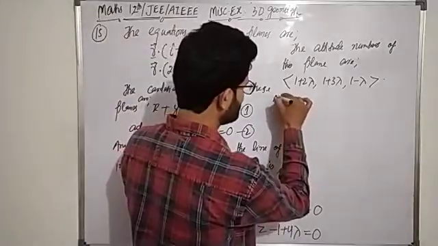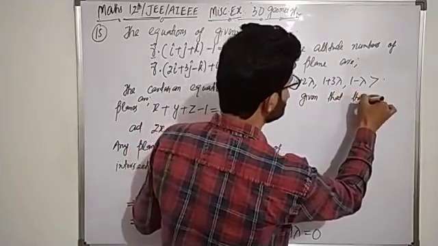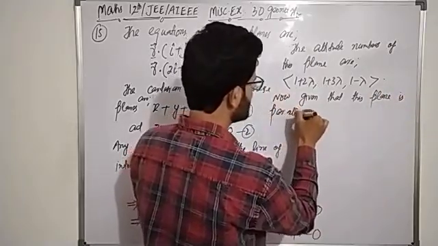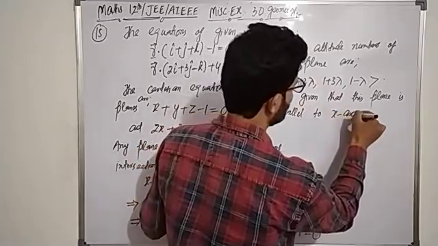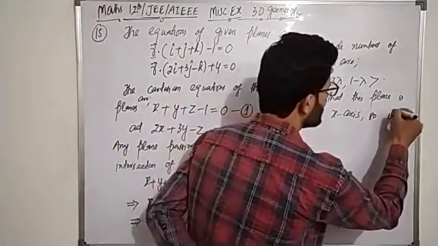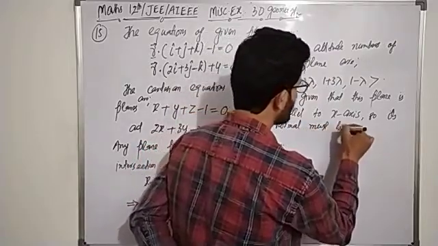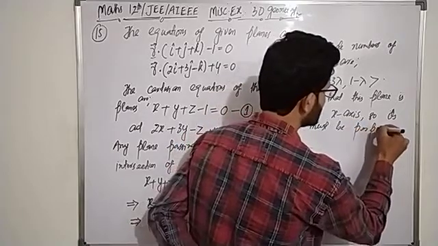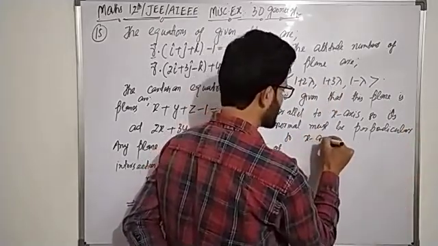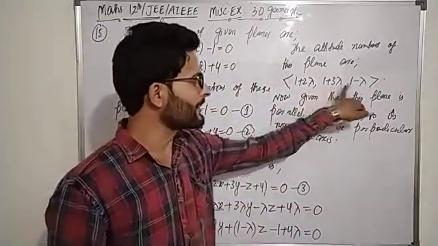So its normal must be perpendicular to x-axis, right? अब इस प्लेन के एटीट्यूड नंबर हैं 1 plus 2 lambda, 1 plus 3 lambda, 1 minus lambda.